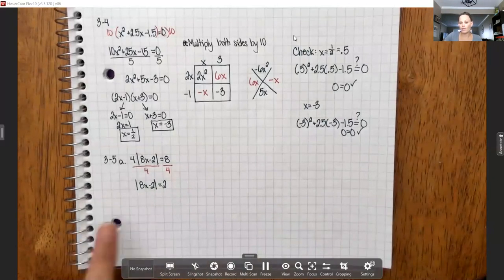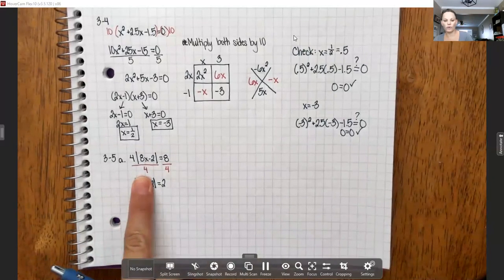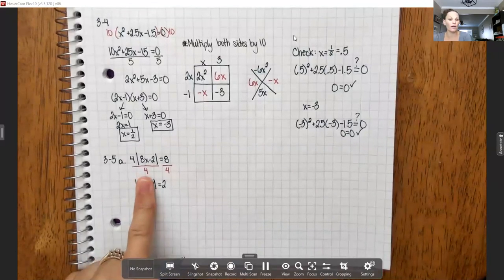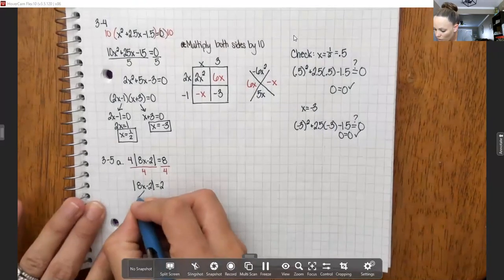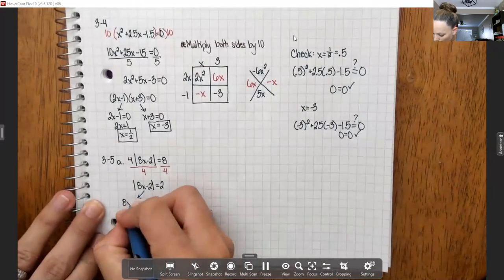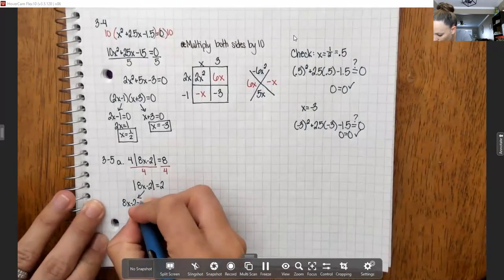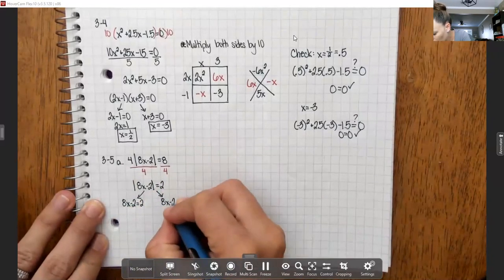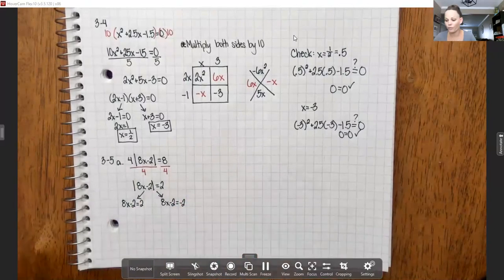So thinking back to when you first learned absolute value, which I think is in middle school, you're asking yourself here, the absolute value of what number is 2? So what's under where my finger is could be equal to 2, or it could be equal to -2. So most absolute value equations are going to have 2 answers, because 8x minus 2 could be equal to 2, or 8x minus 2 could be equal to -2.